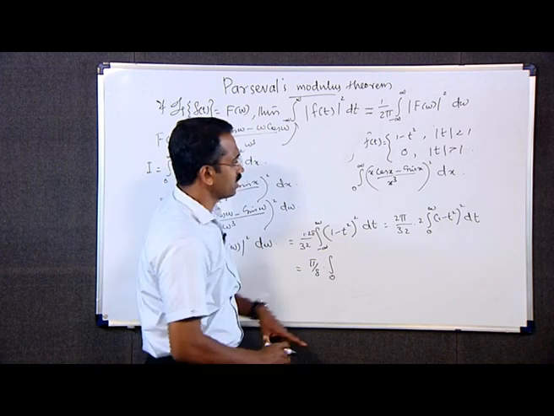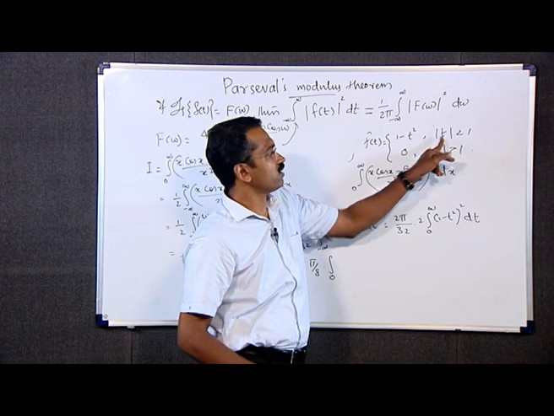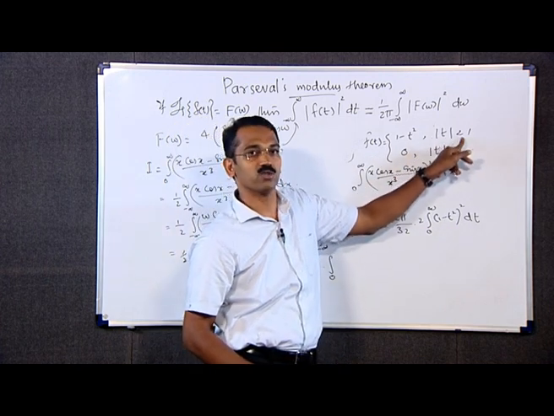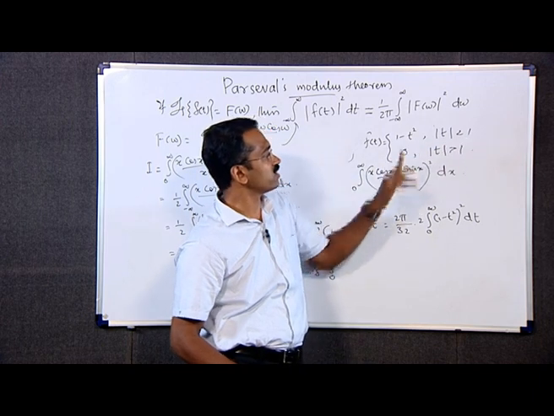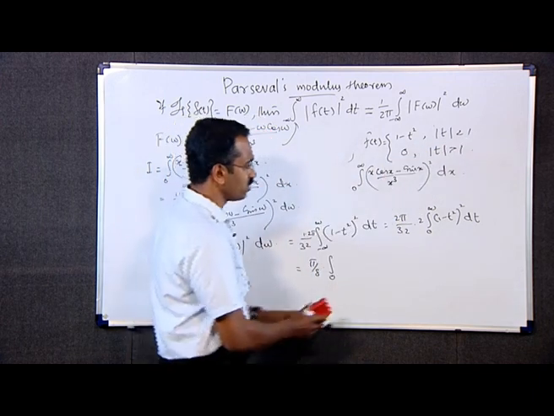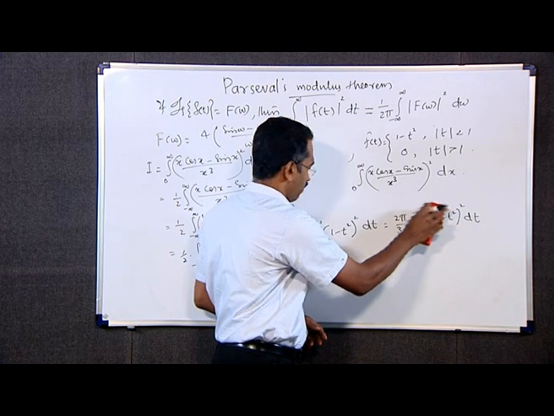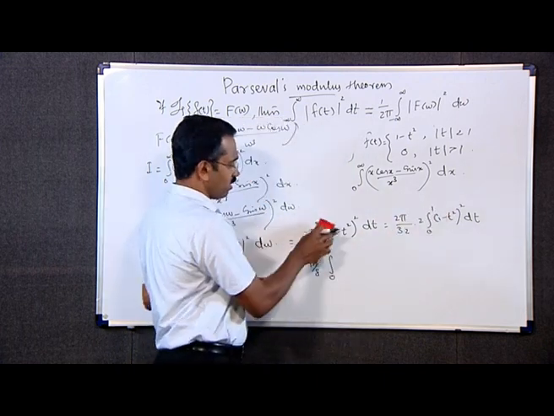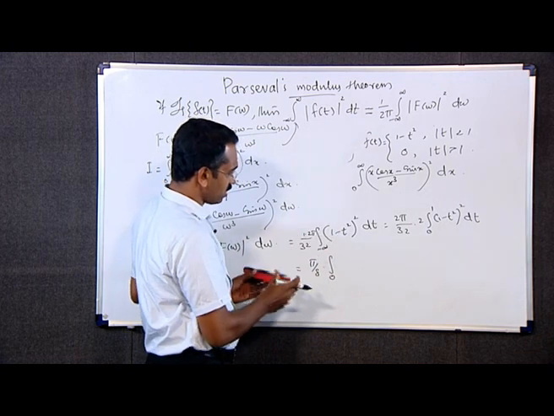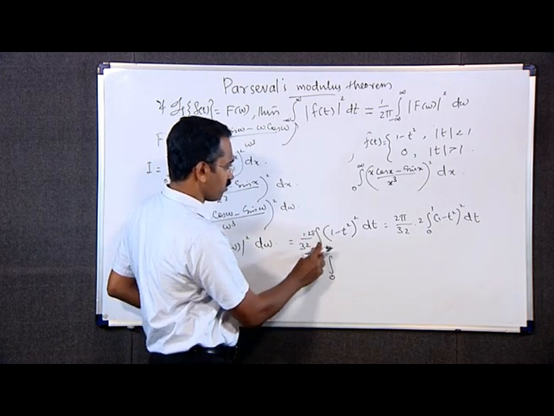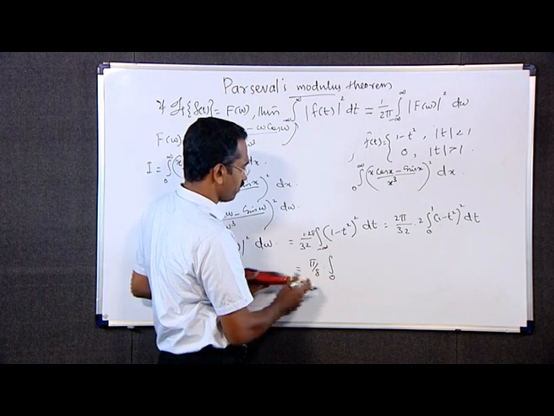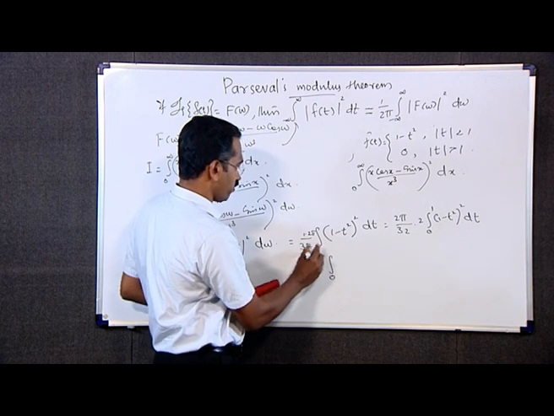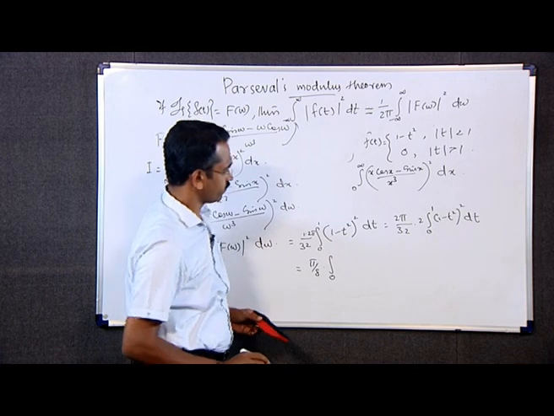Here the function is defined as like this, for mod t less than 1, that means between minus 1 and 1, the function is defined as 1 minus t square. Therefore, we can take the upper limit as 1, 0 to 1. In all other cases, the function is defined as 0. Therefore, we have to take here 0 to 1 here also.